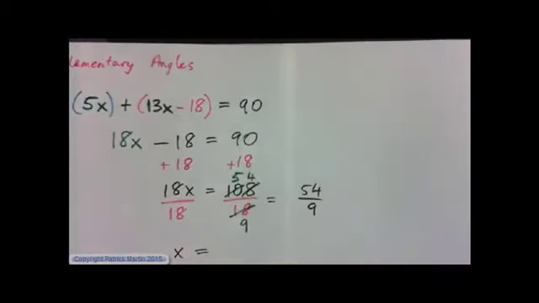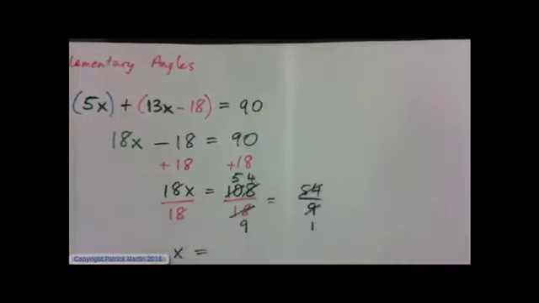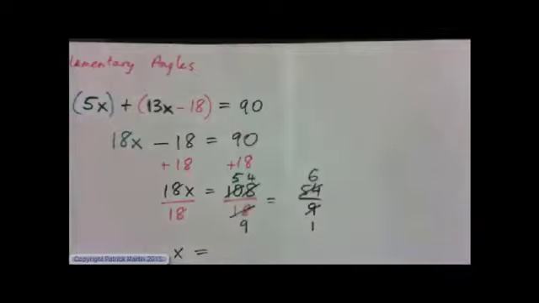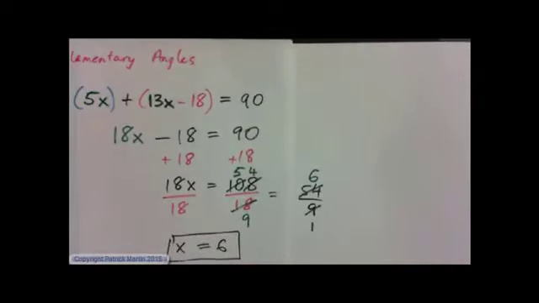Can you simplify that even more? 9 into 9 goes 1 time. 9 into 54 goes 6 times, since 6 nines make 54. So this equals 6 over 1, or 6. So the missing number is x equals 6.